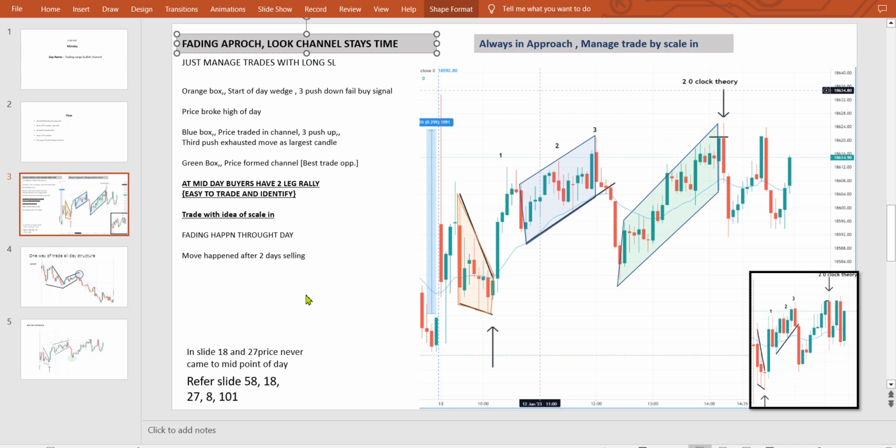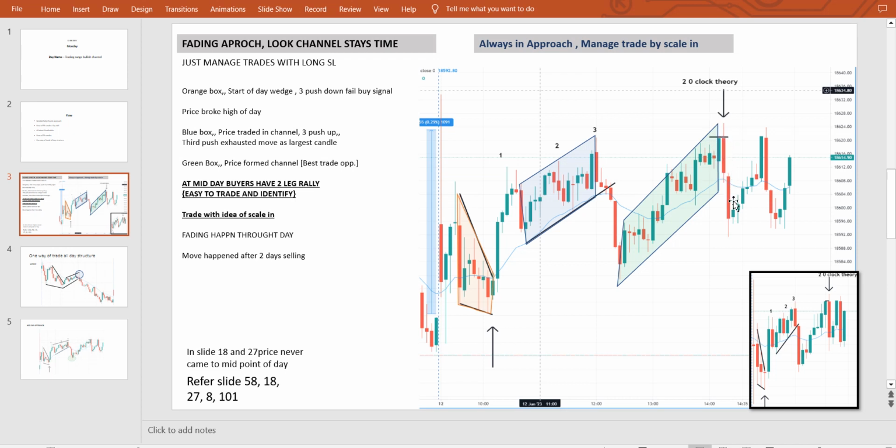In this type of day, put appropriate SL which is around here, around here, around here. So it is the best idea to trade in always in position. Let's say you not exited here, you bought on this green candle.